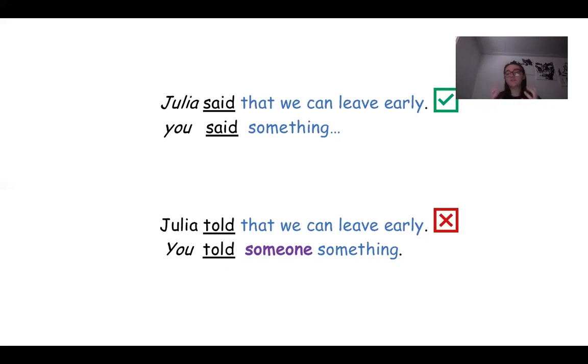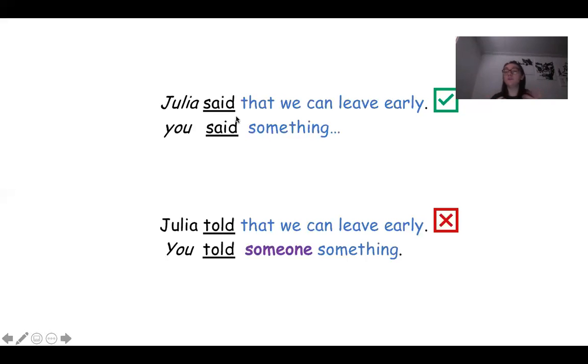So the structure is the person that's talking tells another person something, right? So Julia told, which is just the past tense of tell, and you need to have another person there after told. So that's why we use said.